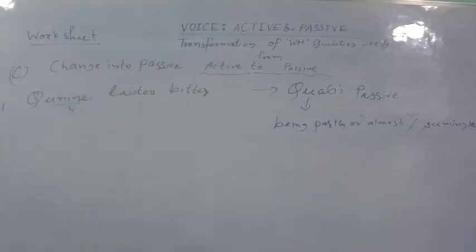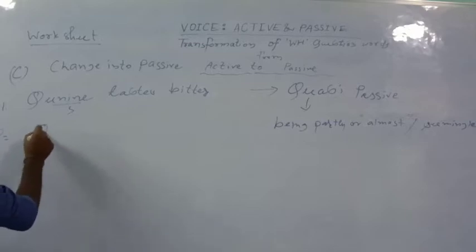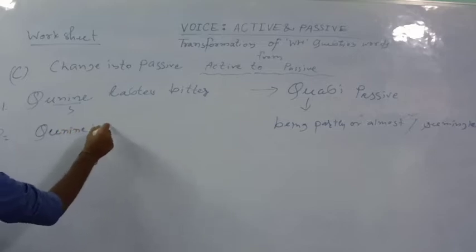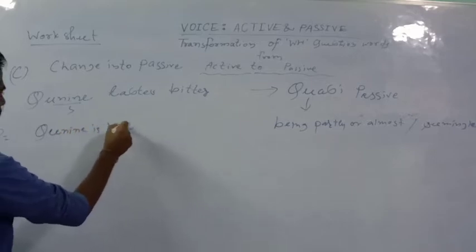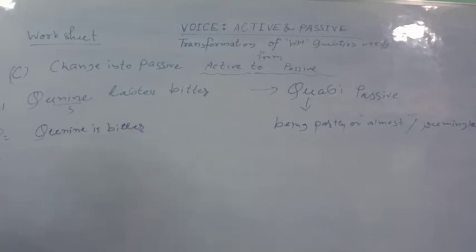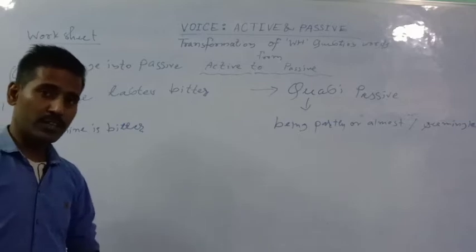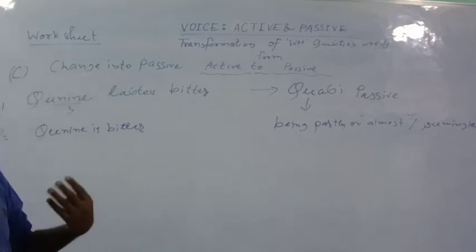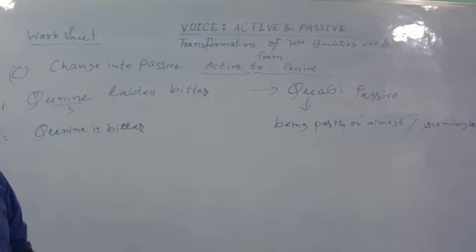So for quasi passive, how to do it? It's very simple. See, a passive will do: Quinine is bitter. There is someone who tastes it. Suppose I taste it, or you taste it, or someone else.